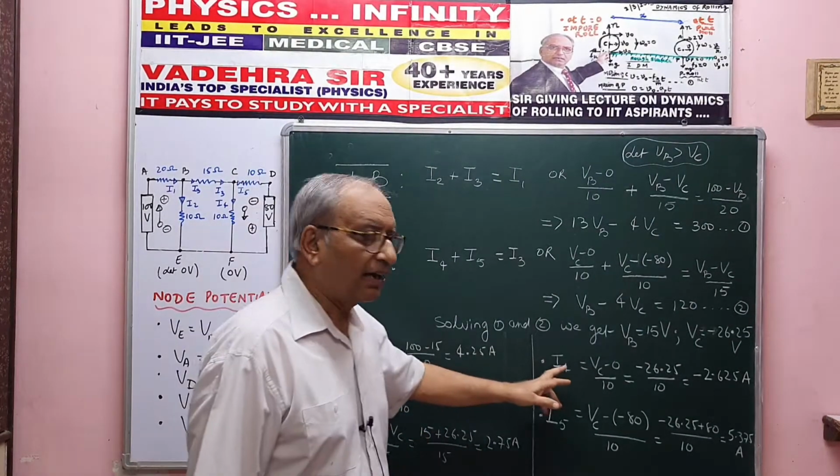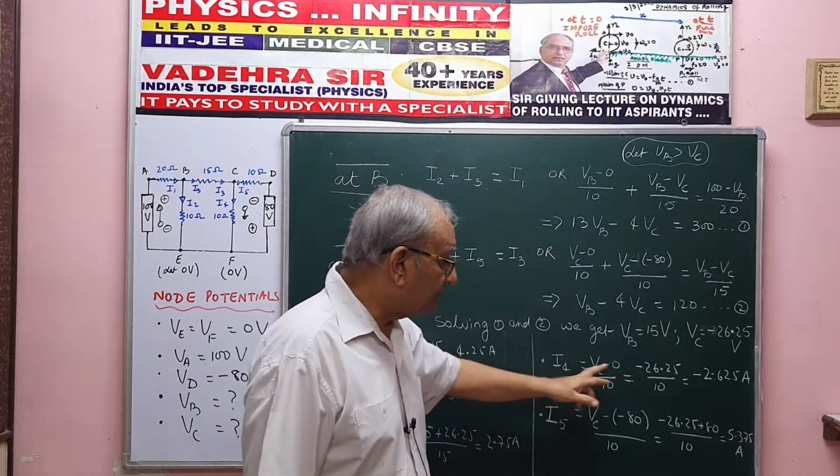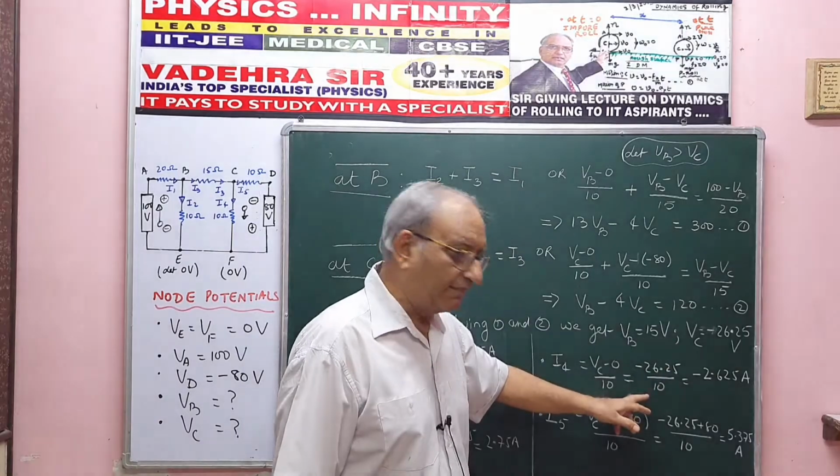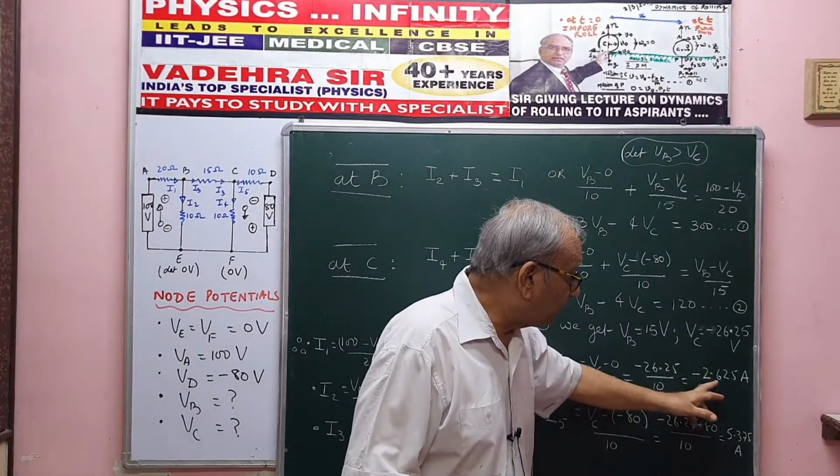Alright, I4: (VC minus 0) divided by 10, now VC is minus 26.25, divided by 10, I get minus 2.625.